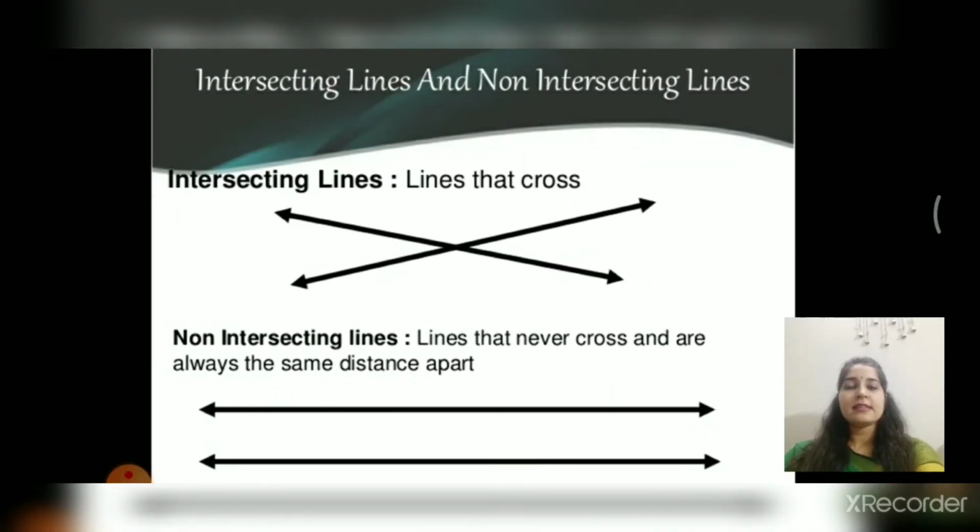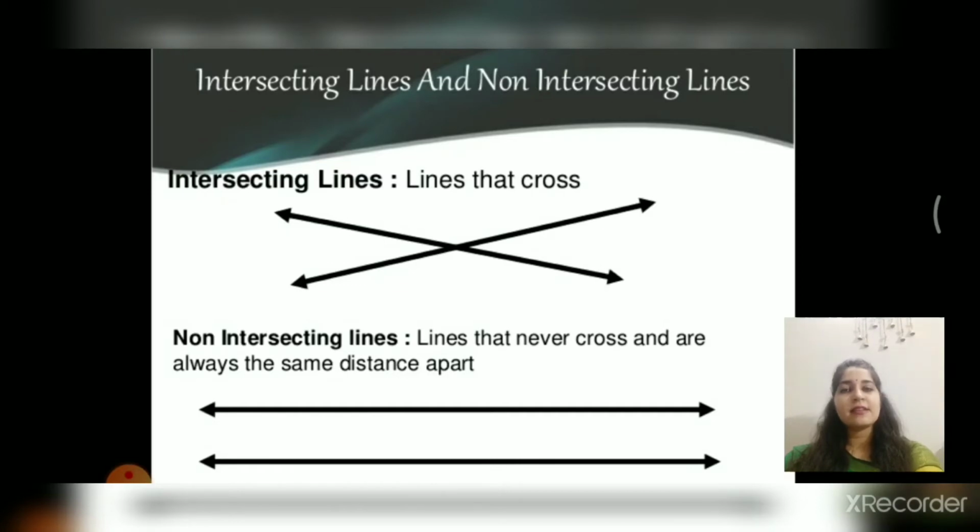Now let us discuss intersecting lines and non-intersecting lines, which are also called parallel lines. Intersecting lines. Lines that cross each other at a point are called intersecting lines. The point where they intersect is called the point of intersection.